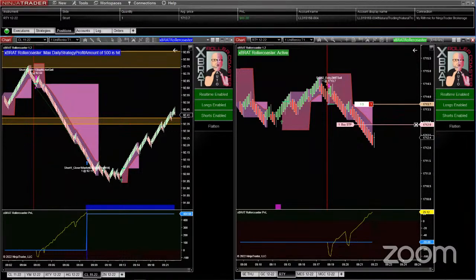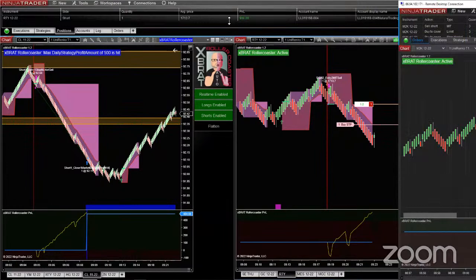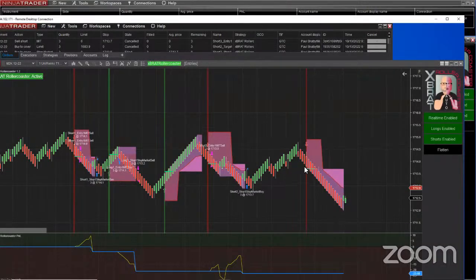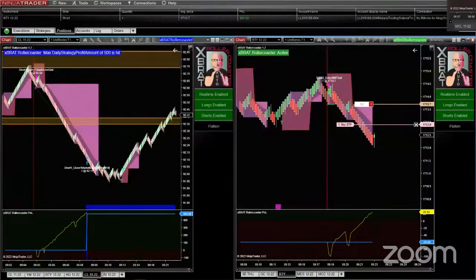So it actually looks slightly different on the chart as well. If I bring that over a second, we can see there's no green at all. This went straight down, whereas on the same time frame on RTY, we got the order, it came up, and then it came back down again.